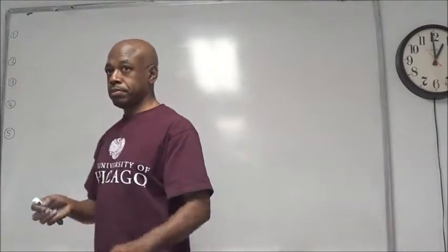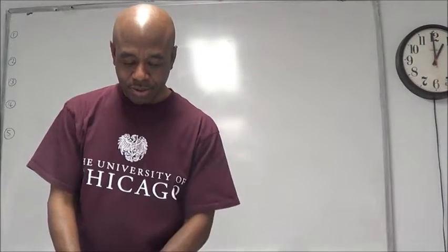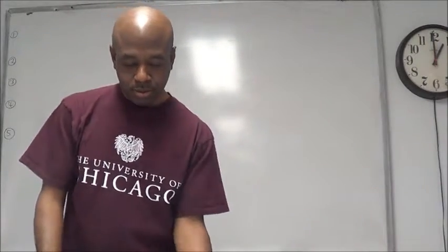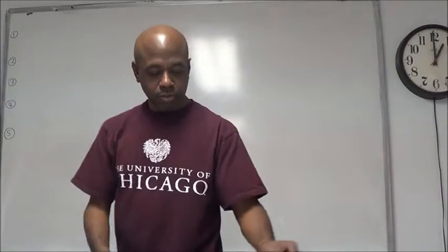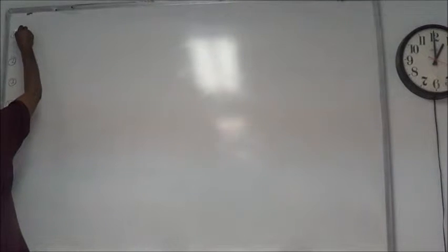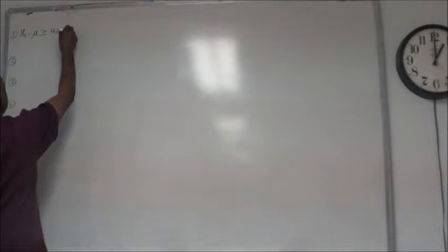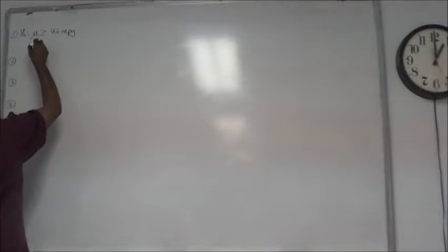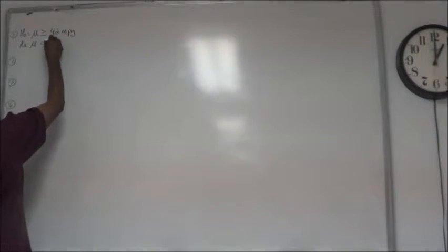H0, HA. Bring it down equal to the 42. H0 is mu is greater than or equal to 42 miles per gallon. And HA is mu less than 42 miles per gallon.